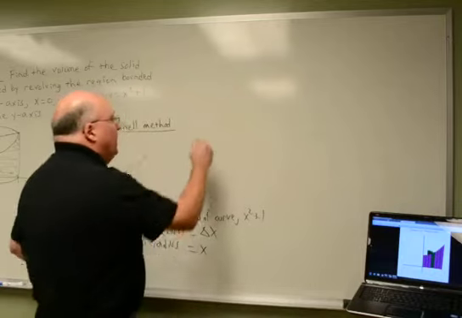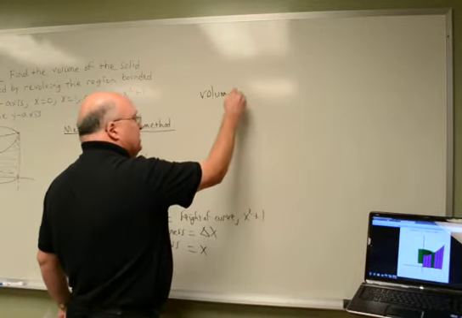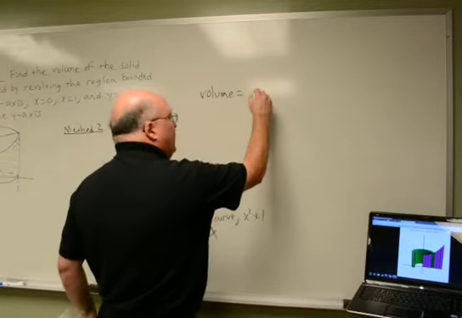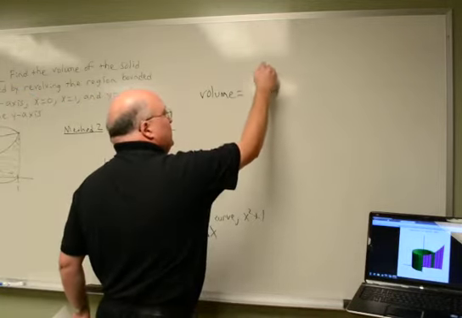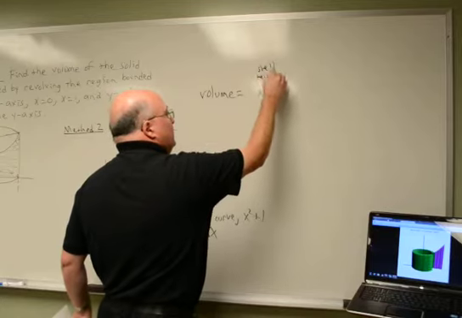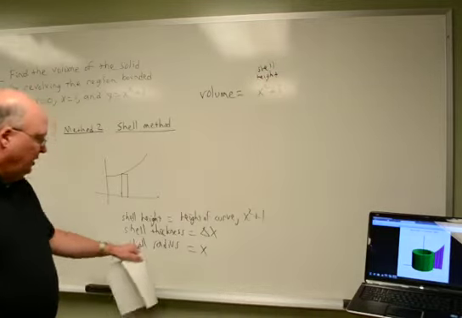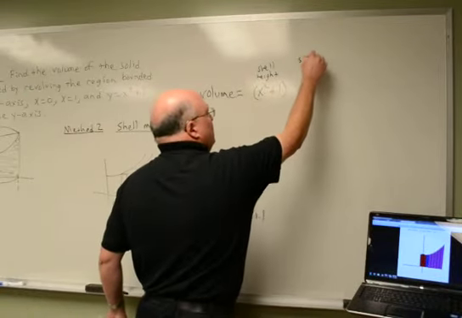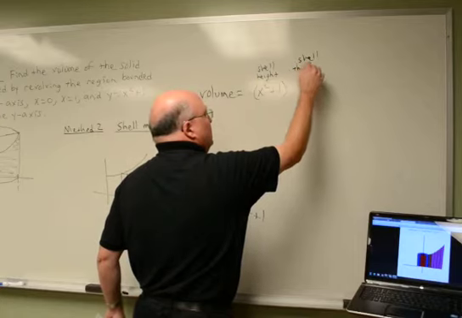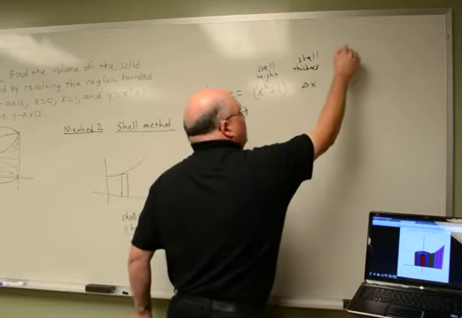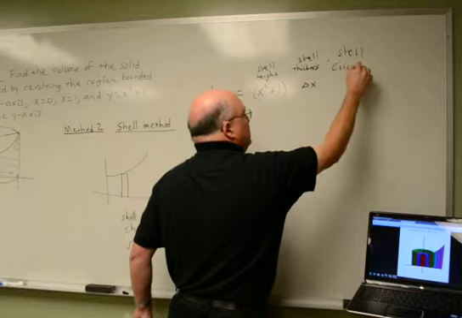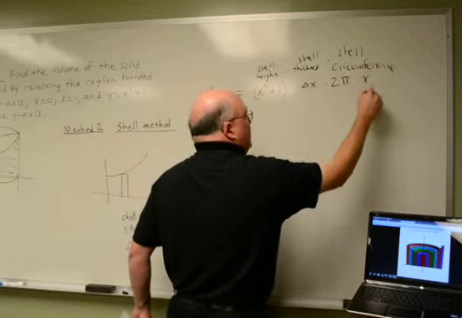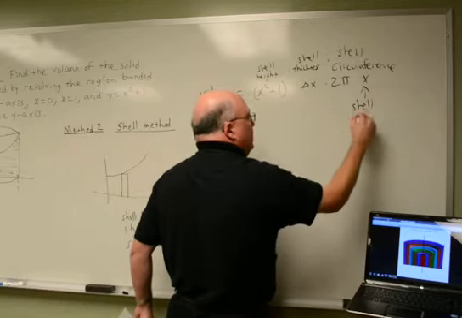So again, our volume then becomes the three dimensions of the shell height times the shell thickness times the shell circumference, which we said was 2 pi times the shell radius.